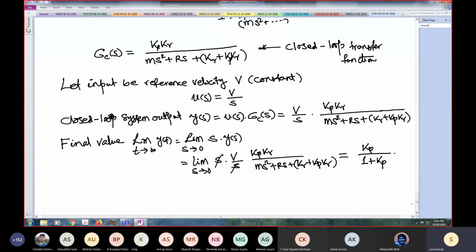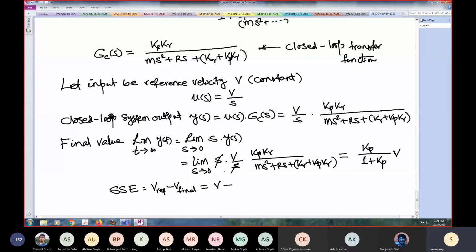So what is the steady state error? It is equal to V reference minus V final. So how much is it in the time domain? V minus whatever V we have given. Oh, V is multiplied, V of course is there.